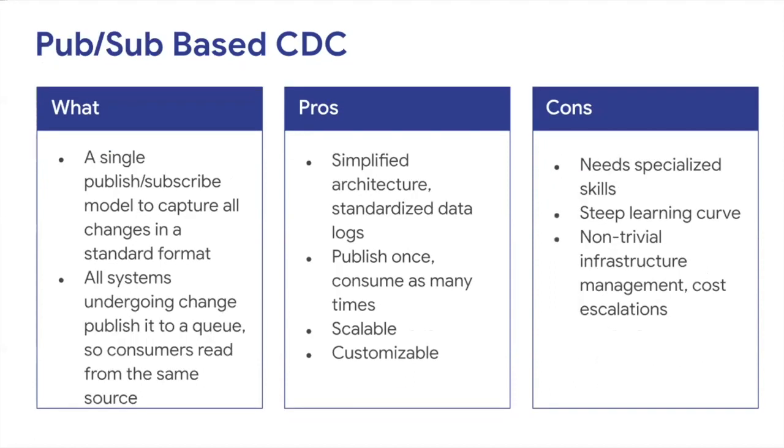Now, PubSub-based CDC, this is a very popular way, or has recently been a very popular way of doing this. This requires work both at the source and the destination layer, but it's a way of decoupling the two environments. So in this case, what you would typically do is introduce a platform piece where everybody in the company can go and write data to, and can also read data from.